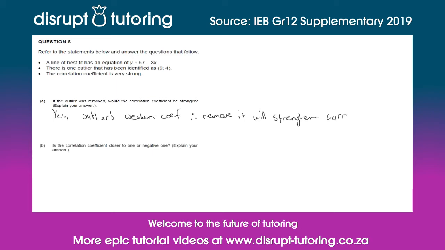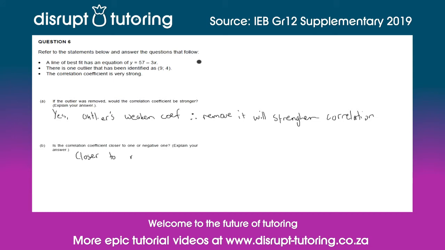Cool. Question B then asks, is the correlation coefficient closer to 1 or negative 1? And the answer here is it's closer to negative 1.